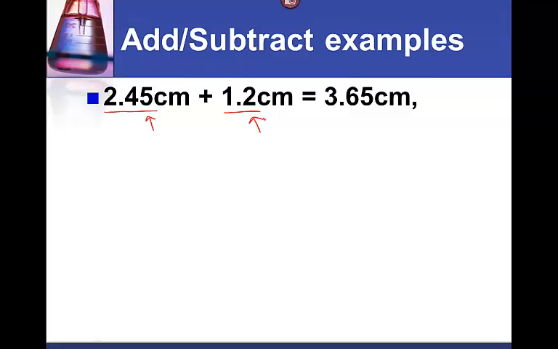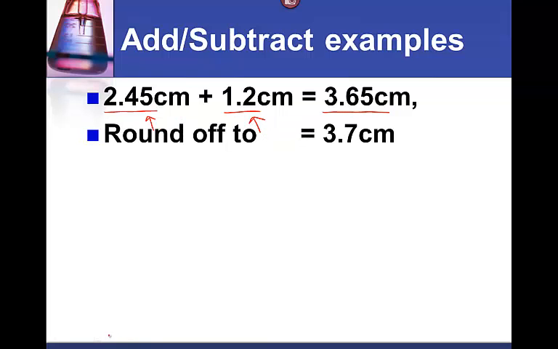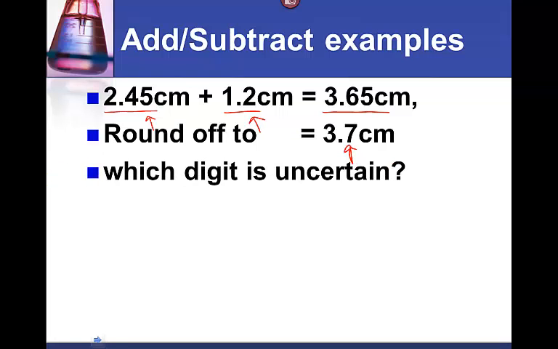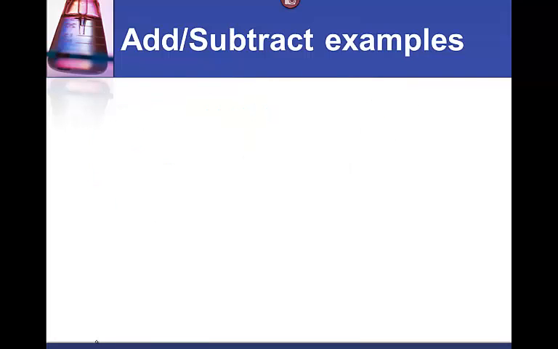So that could be anywhere from 1.15 to 1.249999999. So even though our raw answer is 3.65, when we get to significant figures, we have to limit ourselves to the tenths place. That's our uncertain digit, and it's limited by going back to the origin of the material we were dealing with in the question.